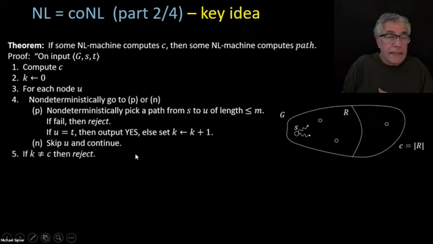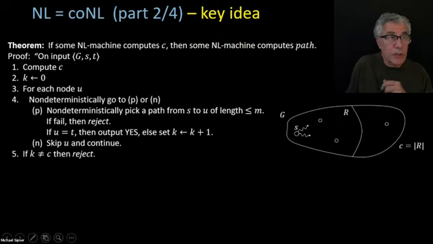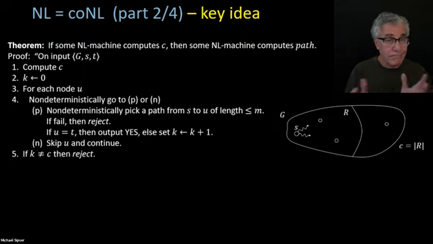At the end, I see whether the number of nodes that I've determined are reachable agrees with my original count C. So does K equal C or not? If they're not equal, then I didn't find all the reachable nodes. I didn't guess right, and so I punt. I say, well, bad branch of the non-determinism, I just give up.